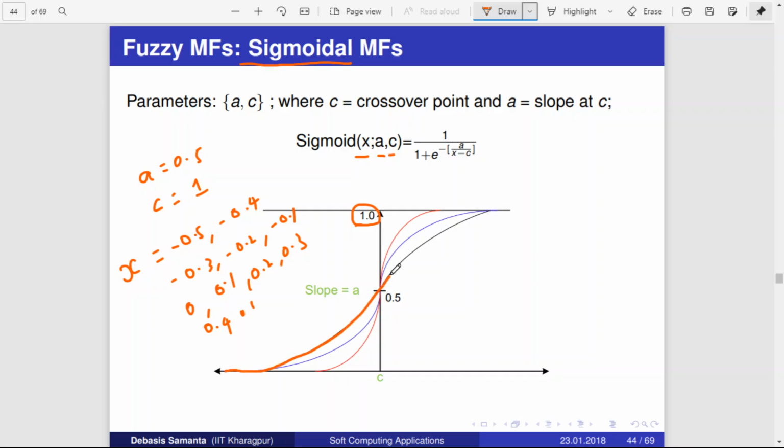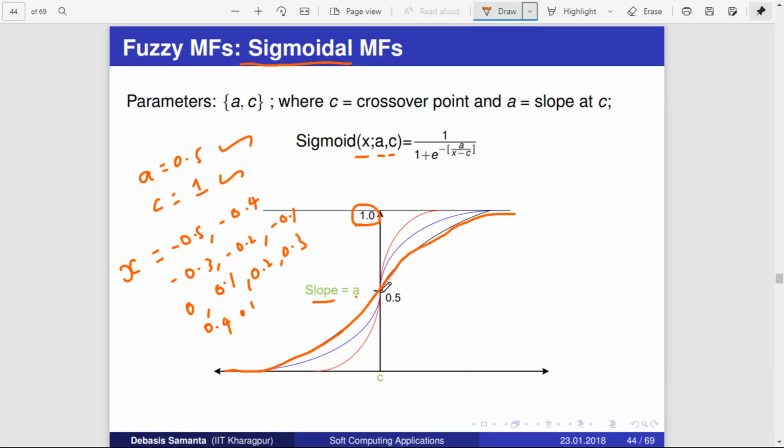That is, when a is 0.5 and c is 1, and you apply different values of x, then this is the curve you will be getting. The a is nothing but the slope.